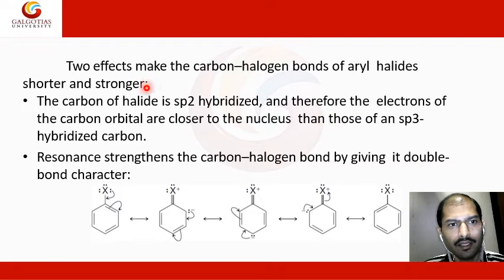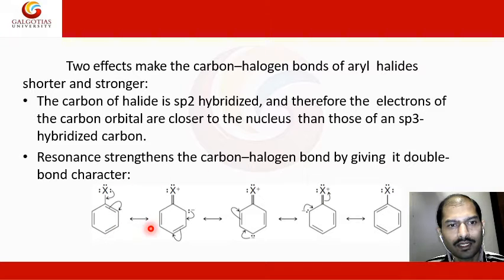Two effects make the carbon-halogen bonds of aryl halides shorter and stronger. The carbon of the halide is sp2 hybridized, and therefore the electrons of the carbon orbital are closer to the nucleus than those of an sp3 hybridized carbon. Here the resonance strengthens the carbon-halogen bond by giving it double bond character.